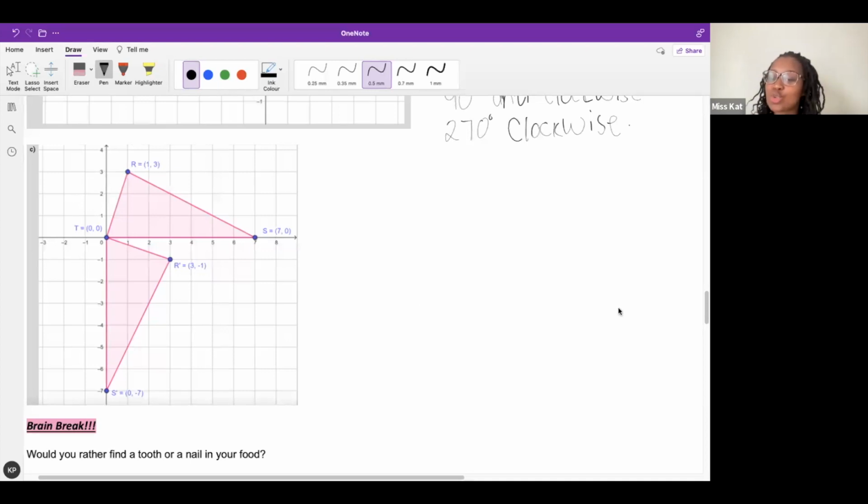It's definitely not your tooth. Would you rather find someone else's tooth or someone else's nail? A nail, because a tooth comes from somebody else's mouth. I said I was going to behave today, so Setabile, stop it. Did you hear that laugh, guys? It came from the depths of the stomach.